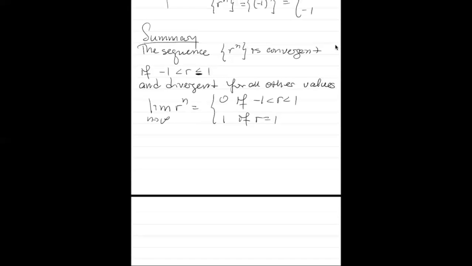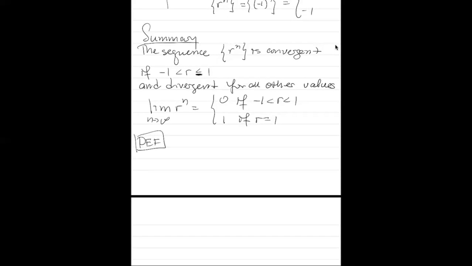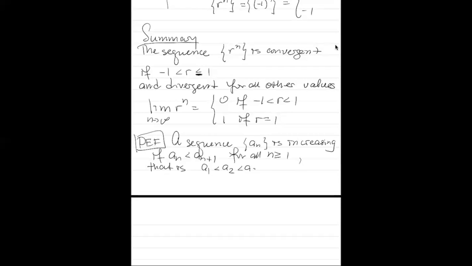So a few more definitions here for sequences. A sequence a sub n is increasing if a sub n is less than a sub n plus 1 for all n greater or equal than 1. That is, a sub 1 less than a sub 2 less than a sub 3, and so on.